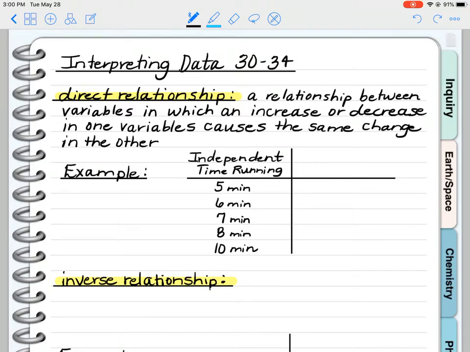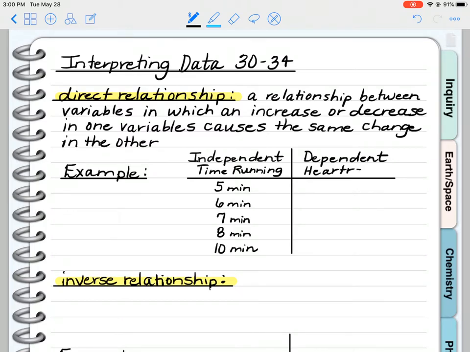So independent, I can control my time running, and I'm measuring that from 5 to 10 minutes, but I did not do a measurement at 9. Okay, the dependent variable, something that would depend on how long I run, in this case, is going to be my heart rate.